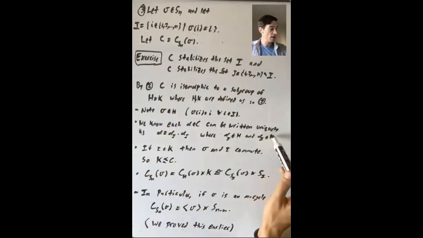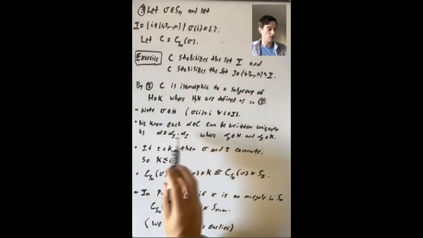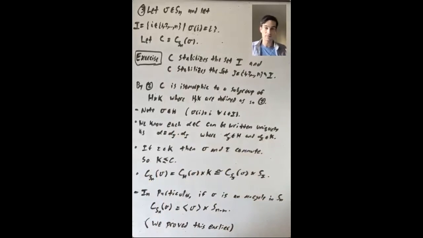And then alpha_I, which is in K, fixes all the things in J and permutes the elements of I around. Okay, so we have a nice way of writing a product in here.